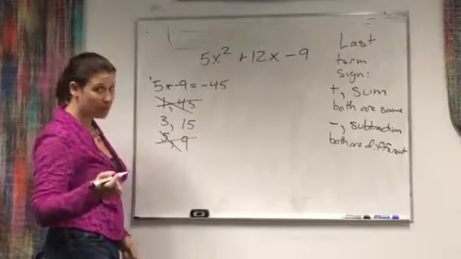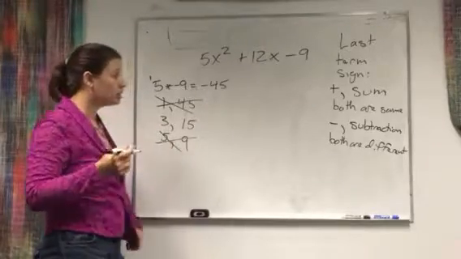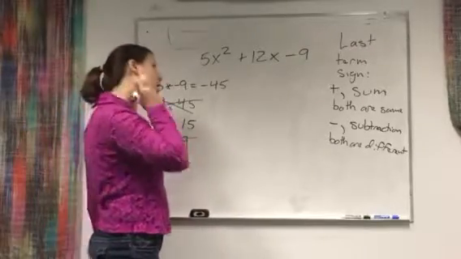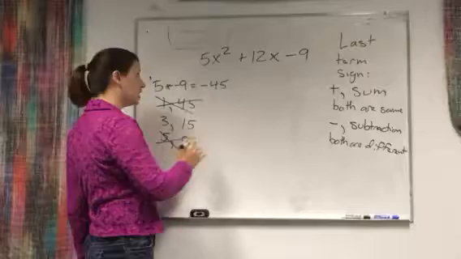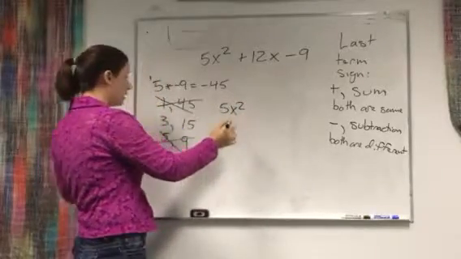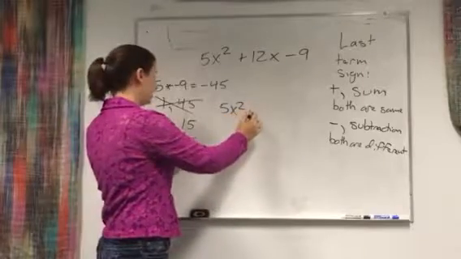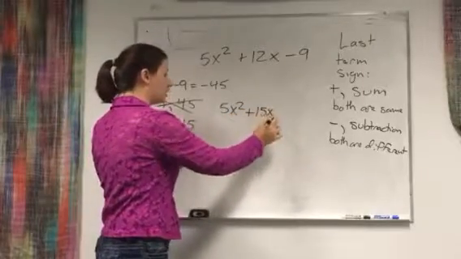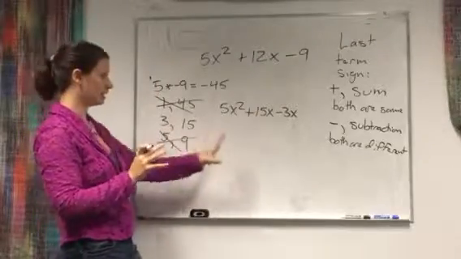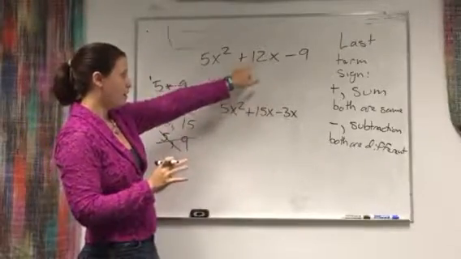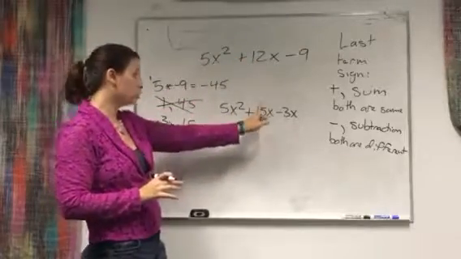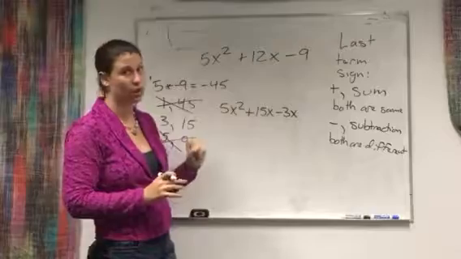Factoring by the AC method means we're going to turn this into a factor by grouping. Okay, we're going to rewrite 12 as a combination of 3 and 15. So we have 5x squared from the first term. Then we have plus 15x minus 3x. Does that make sense? Because we want 12, so we had to use 15x, but we took away 3 to get back to 12.